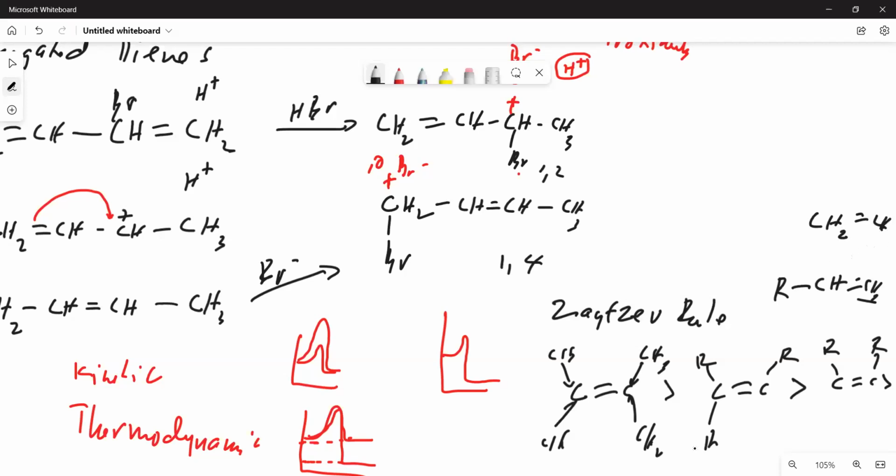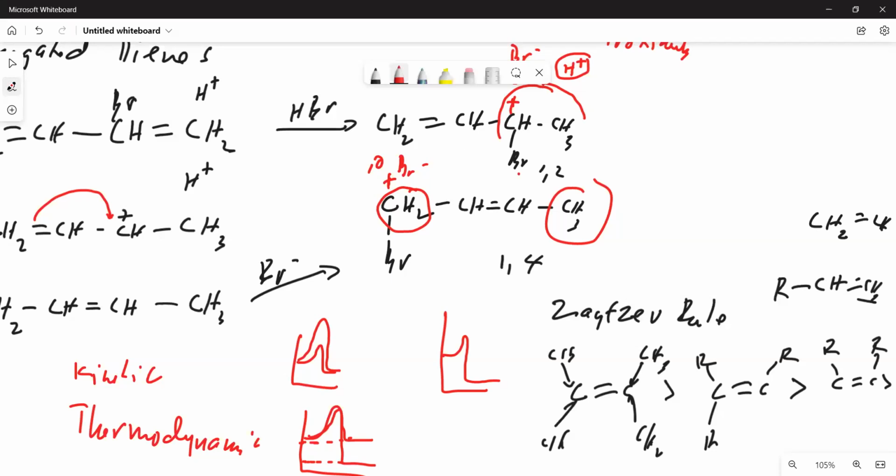So in other words, the more alkyl groups attached to the double bond, the more stable. And look at the 1,4 product. You have an alkyl group here and an alkyl group here. Whereas for the 1,2, the double bond only has the alkyl group here. So that's why in terms of thermodynamic stability, the 1,4 is more stable than the 1,2.